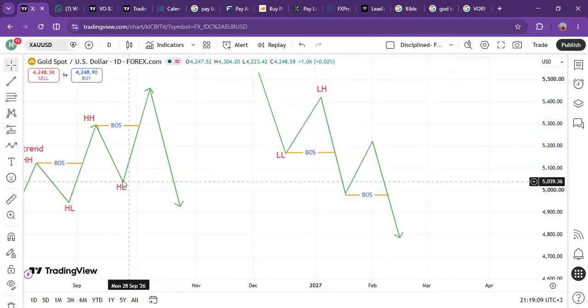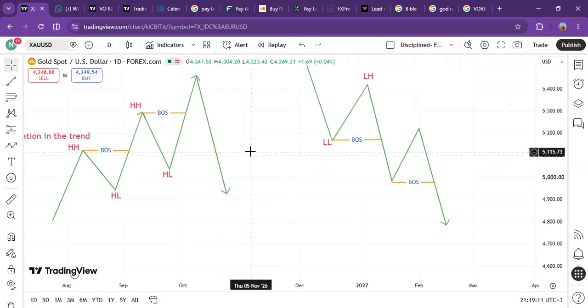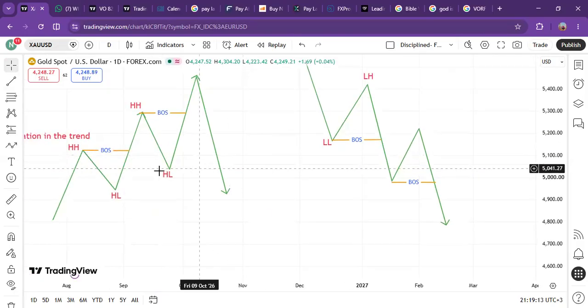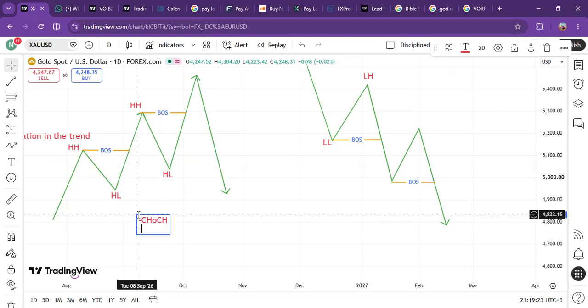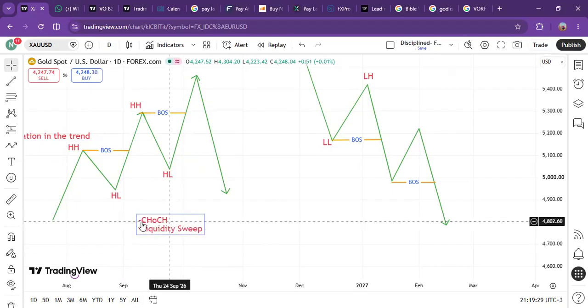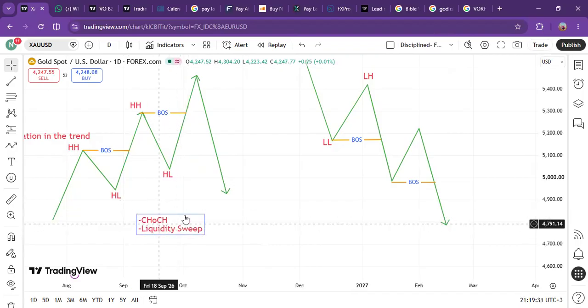If the market comes to this area here, two things should ring in your mind. One is what you call change of character, and the second thing is liquidity sweep. Okay, so what is the difference between the two?